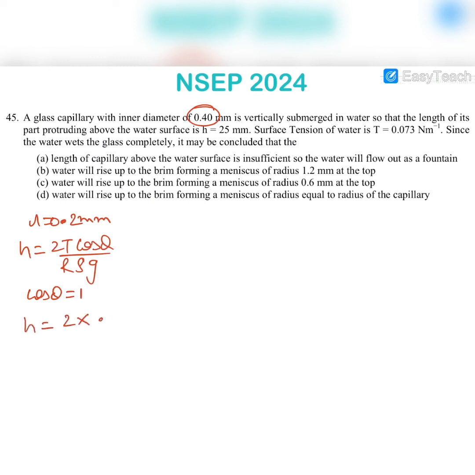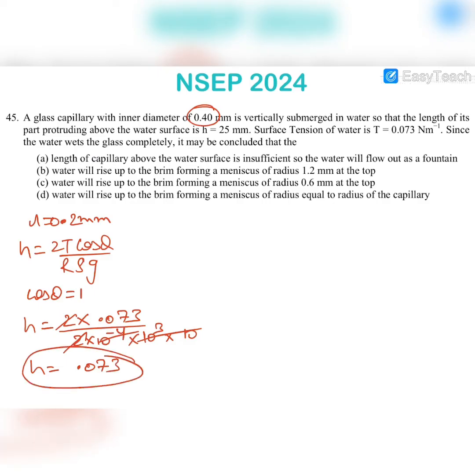Now T is 0.073 divided by R, which is 0.2 mm, and we have to convert it into the standard unit. So it would be 2 into 10 raised to power minus 4. Rho is obviously 10 raised to power 3 kilogram per meter cube, and g is 9.8. So h will be, if we approximately take this g as 10, you can see that this h will be 0.073. This is the height.